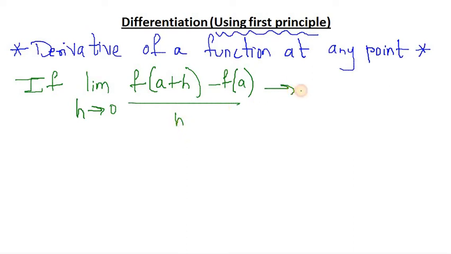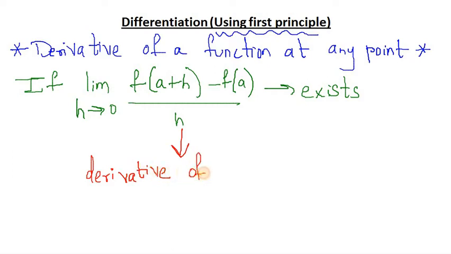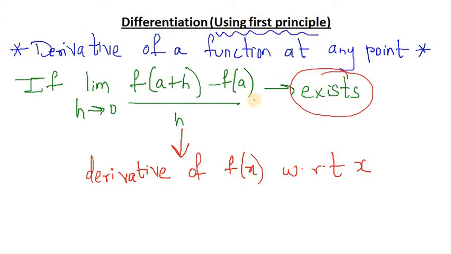If this limit exists, okay, the limit has to exist, then it is called as derivative of f of x with respect to x. If the limit exists, then it is called as derivative of f of x with respect to x.